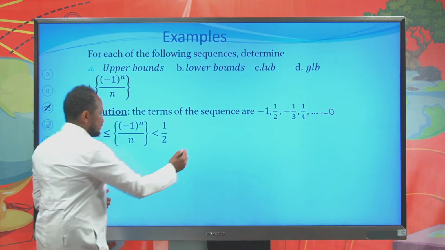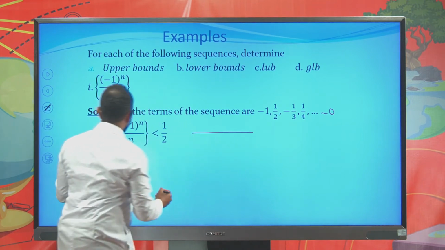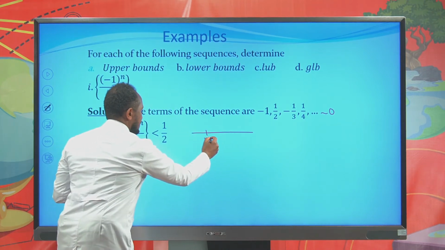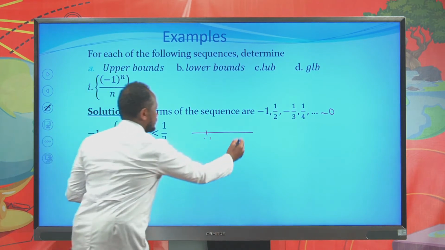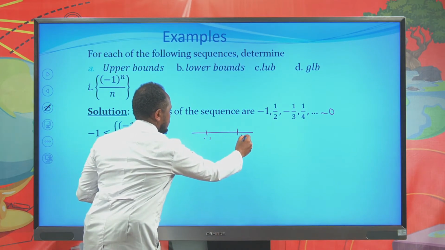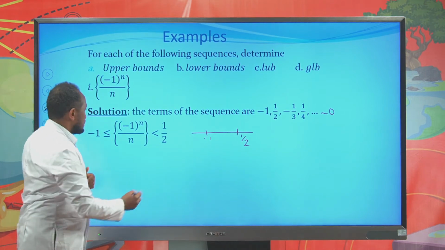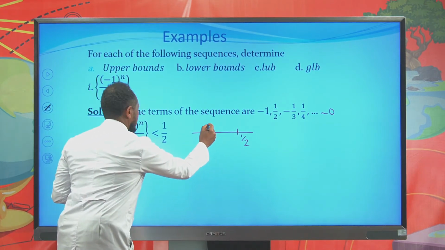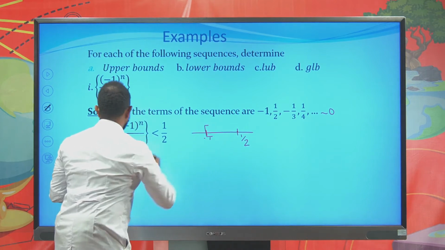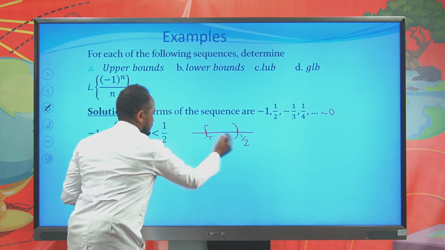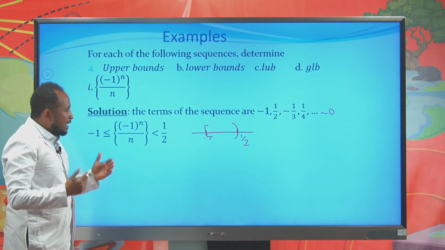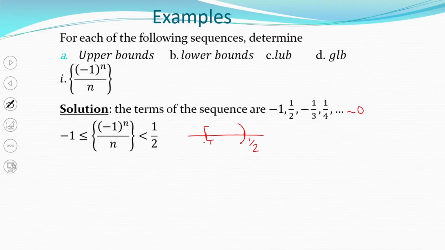So we have -1 here and 1/2. So this sequence is found within this open interval. Any number greater than or equal to 1/2 is an upper bound of the given sequence.